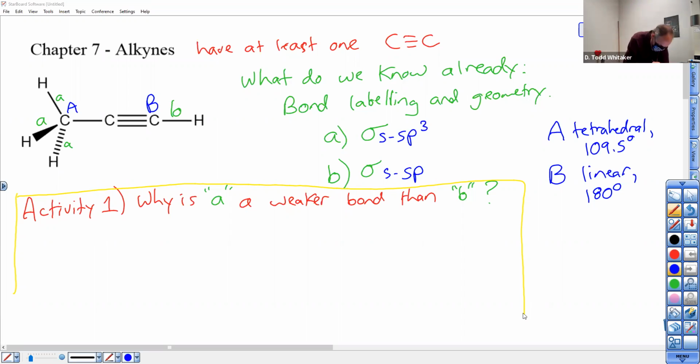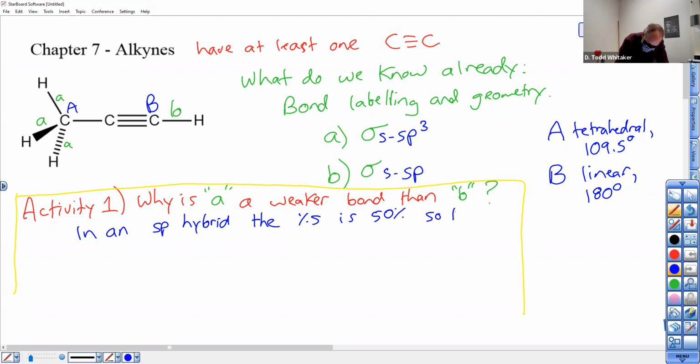She's talking, I like the way she's talking. She said, in an sp hybrid, the percent S is 50%.